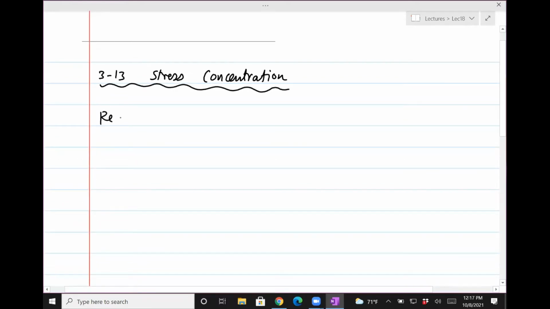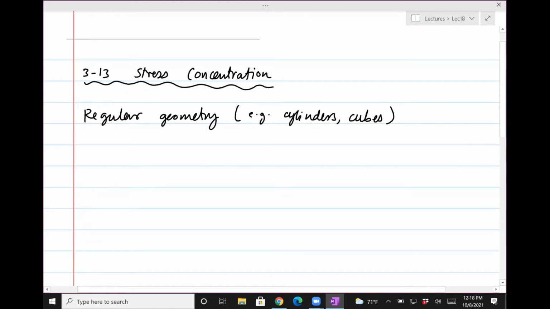So regular geometry would be like cylinders, cubes. You will have uniform stresses.